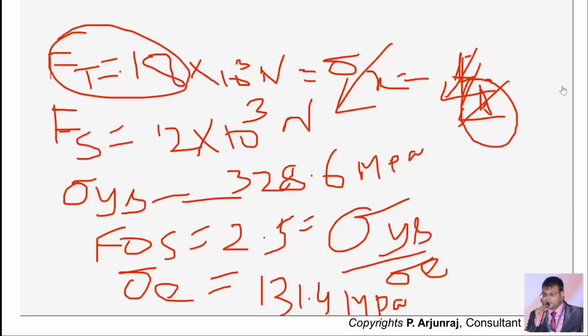And what you can take here is the diameter which is going to have the highest value. That is the way when you are going for a design selection. There will not be too much difference, only a slight difference, so considering that, you can take the best optimized one.